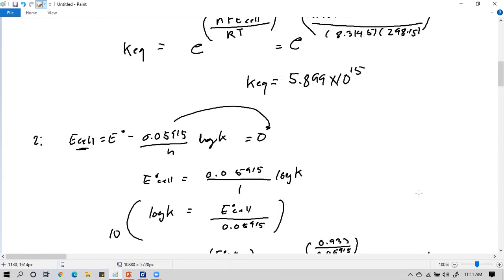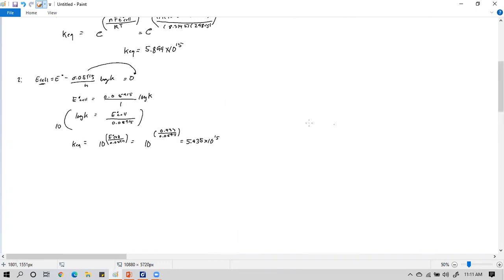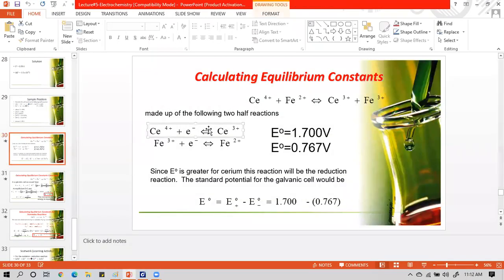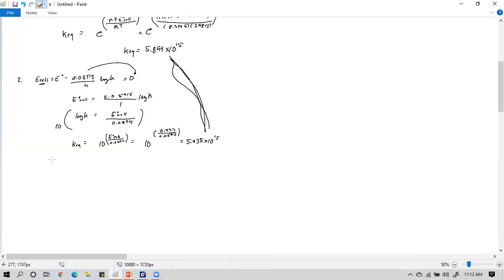Na kung saan kung pag-compare nyo yung dalawa, hindi sila nagkalayo ng values. So, may konting variation lang. But the values are close to one another. So, pwede nyo gamitin either of the two methods. And you'll get the approximately same answer. So, take screenshot, guys, so we can proceed to our next problem here.